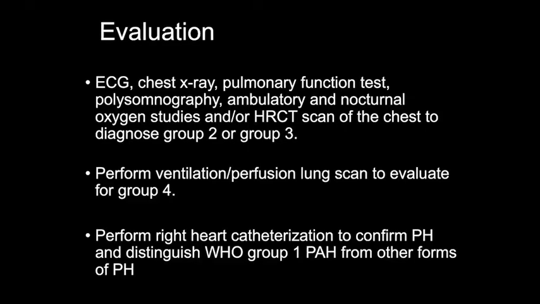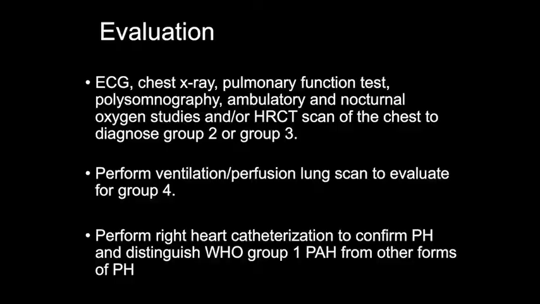If the probability of pulmonary hypertension is intermediate to high based on the transthoracic echo, and you have a clinical suspicion, then you consider getting an EKG, chest X-ray, pulmonary function test, and polysomnography. You have to look for ambulatory and nocturnal oxygen studies, and you may also include a high resolution CT scan to rule out that it's a group 2 or a group 3 disorder.